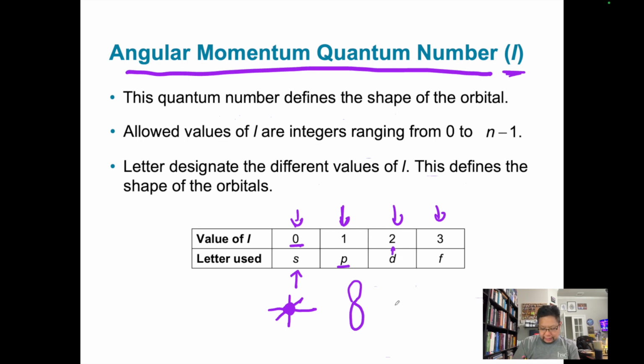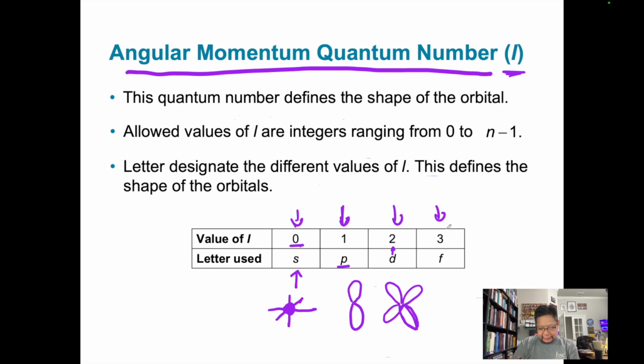These are also the shape of hourglasses, except there are 4 lobes to them, except for one, which has a donut around it. You'll see that one in a second. Most of the d orbitals are clover shaped, like the clover-shaped entrance or exit ramp on a highway.